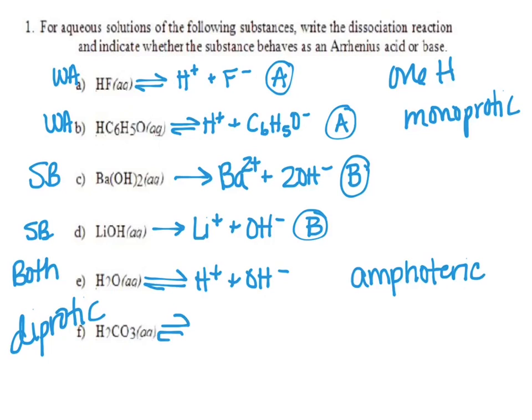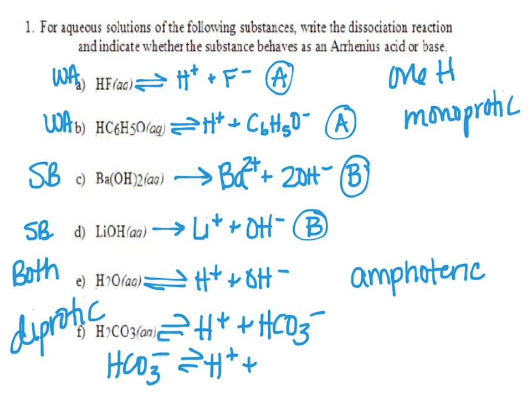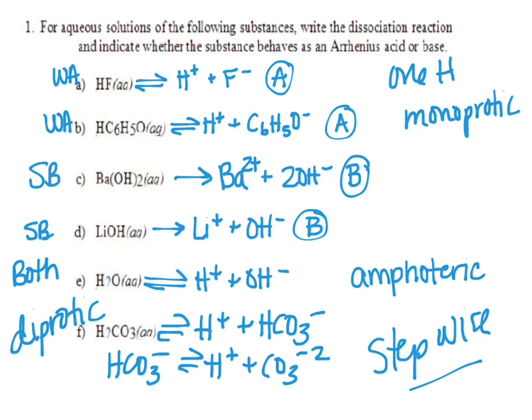So what happens is we will get H plus and HCO3 minus, and then the HCO3 minus is going to break down into H plus and CO3 2 minus. So this is a stepwise dissociation.